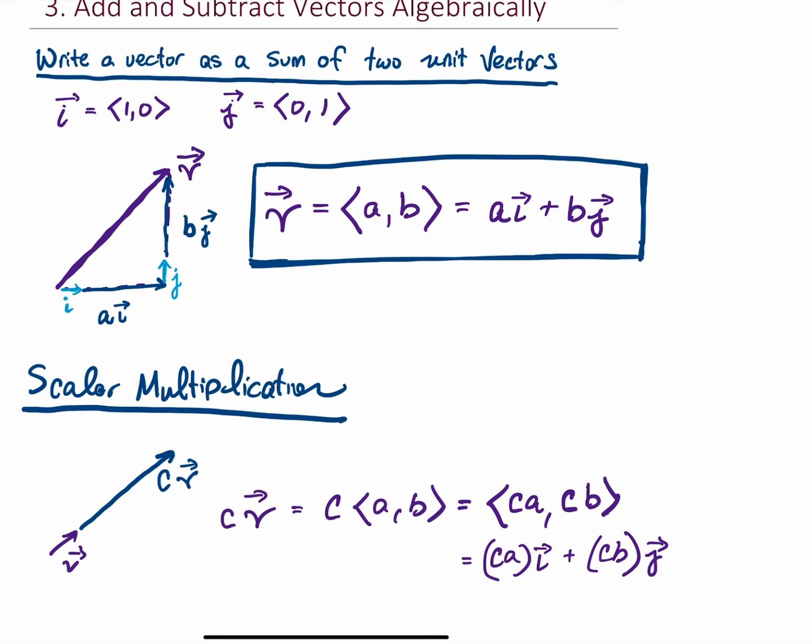So we call this operation scalar multiplication because we're scaling a vector. And we'll be making this distinction between a vector and a scalar, which is some constant number.